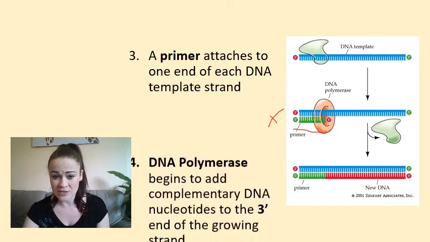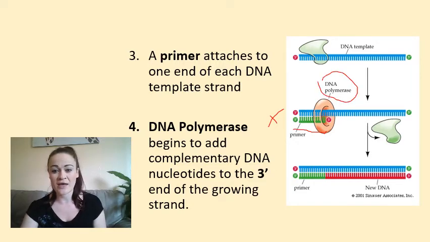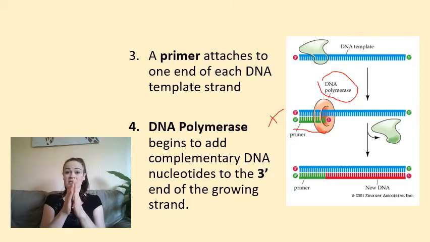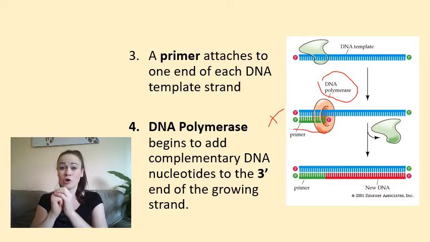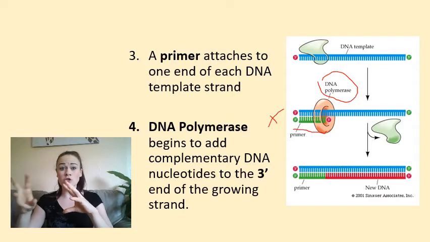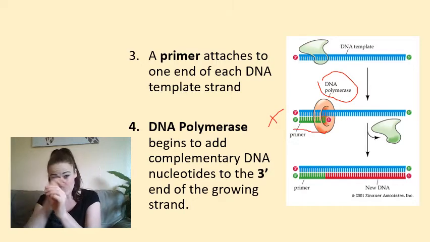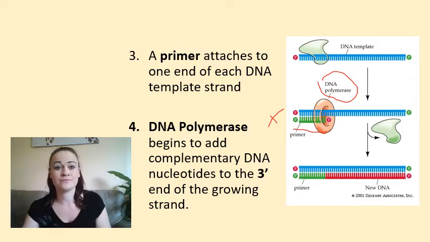Once the primer is there, an enzyme called DNA polymerase will come and find the primer and basically just start adding on the complementary nucleotides to the strand of DNA that's exposed. Okay, so there'll be lots of A's and T's and G's and C's, adenine, thymine, guanine, cytosine floating around, and our DNA polymerase is going to add those on to the new growing strand.